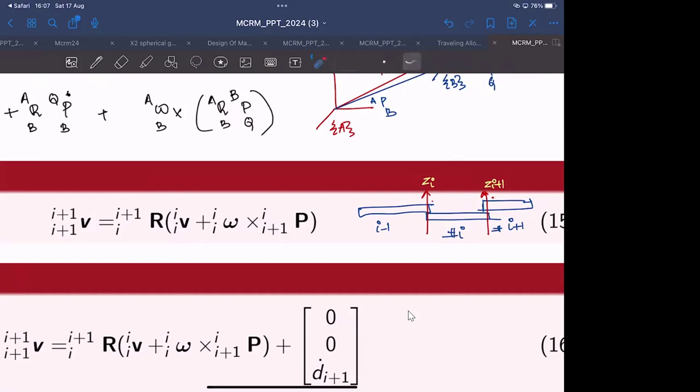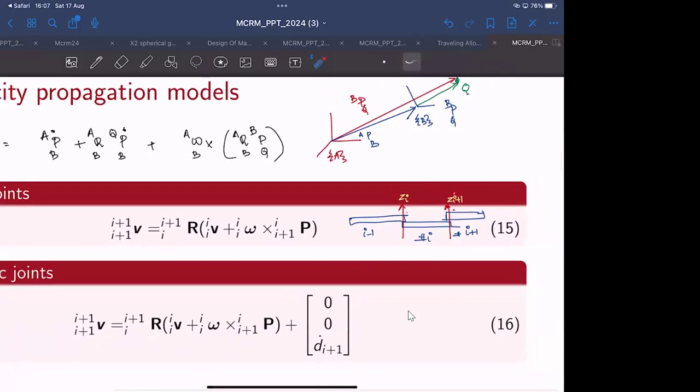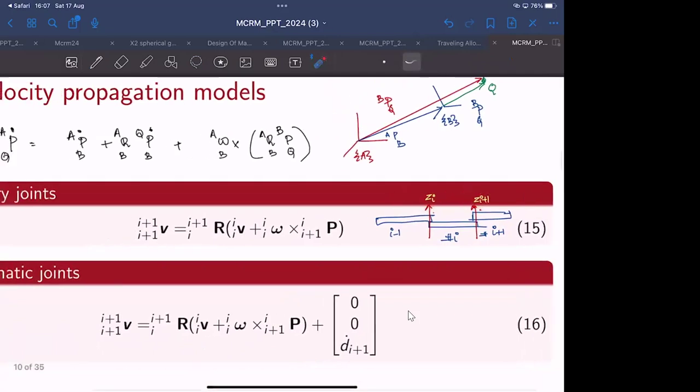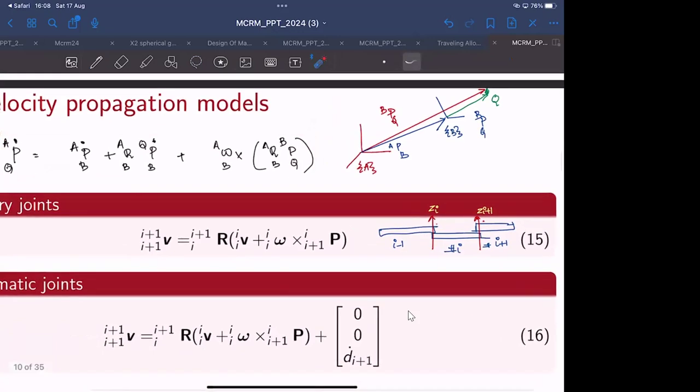So how would you do this? If you want to find out the velocity of point Zi plus 1 with respect to Zi using this equation, how would you do that? Instead of this frame P, you can consider this frame B and frame A to be coincident in this case.